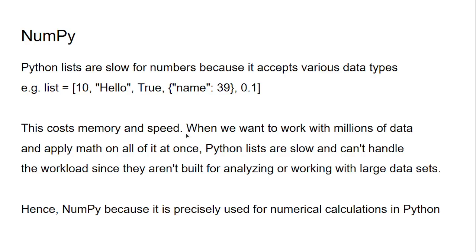When we want to work with millions of data points and apply math on all of it at once, Python's lists are slow and can't handle the workload since they aren't built for analyzing large data sets. Hence, NumPy was born because it is precisely used for numerical calculations in Python.